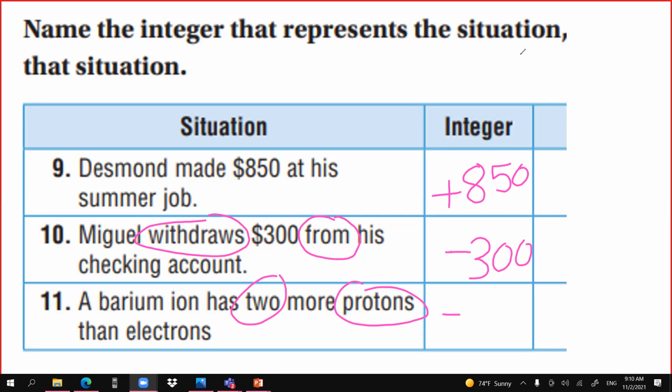I think it's plus. Or electrons are negative, I forgot. Yeah, protons are positive because it begins with P. So that means 2 more protons, so it's going to be positive 2. Thank you.